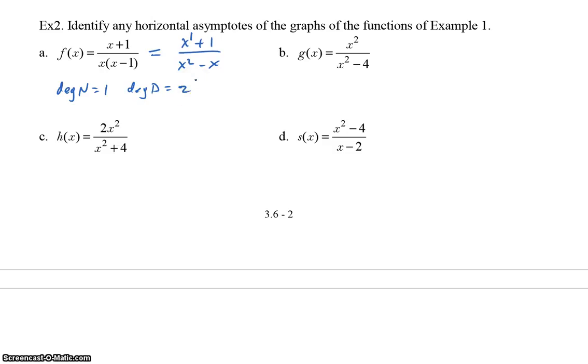When that occurs, the horizontal asymptote, let me just abbreviate that as HA, will be the line given by y equals 0. Or we can describe it as the x-axis. Therefore, the x-axis, or y equals 0, is the horizontal asymptote of the graph of this function.